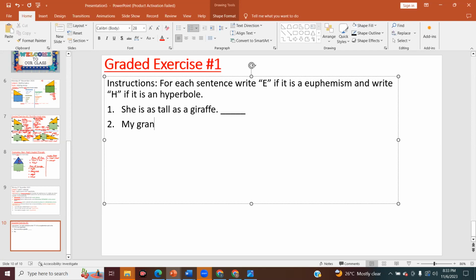My grandfather is no longer with us. Number 3. My boss is quicker than a drill sergeant.